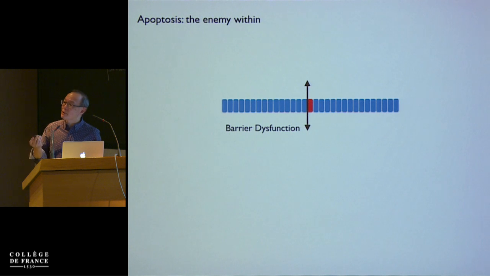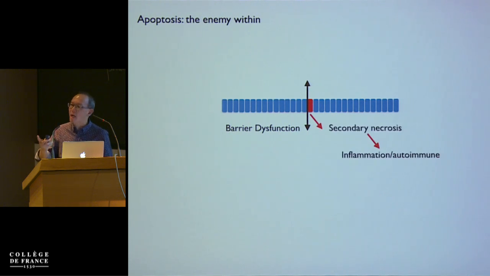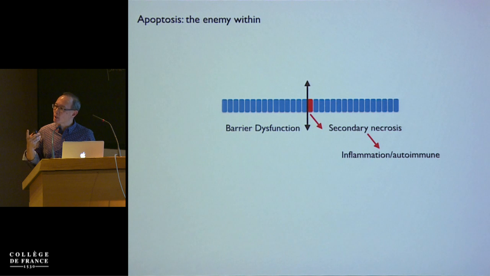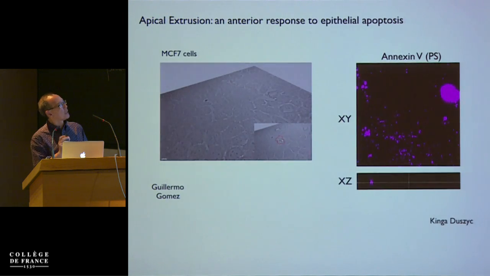And the other problem is that when apoptotic cells die, the corpses, if they are retained, can be sources both of secondary necrosis, inflammation, and even autoimmune, systemic lupus erythematosus like responses. So apoptosis is not necessarily a good thing to have.